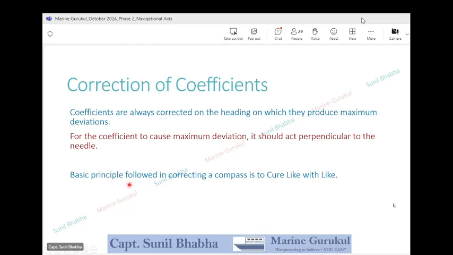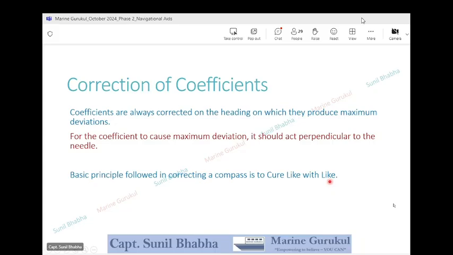Now the basic principle followed in correcting the compass is to cure like with like. What do we mean by curing like with like? It means permanent magnetism deviations are cured or corrected by using permanent magnets.